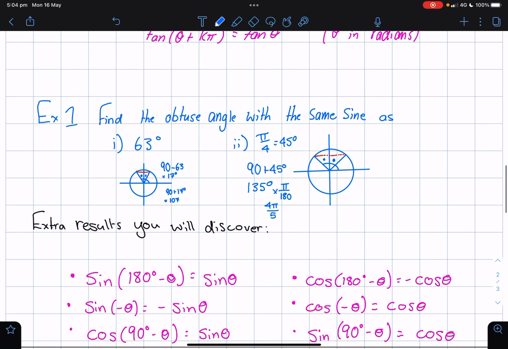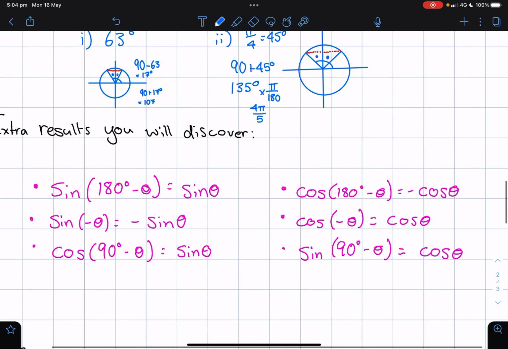All right, so hopefully, once you finish going through some of these questions, you'll discover some of these properties. So I'm going to say them for you now, just so you can keep your eye out for them. All right, so sine of 180 degrees take theta equals sine theta. Sine of negative theta equals negative sine theta. Cosine of 90 take theta equals sine theta.